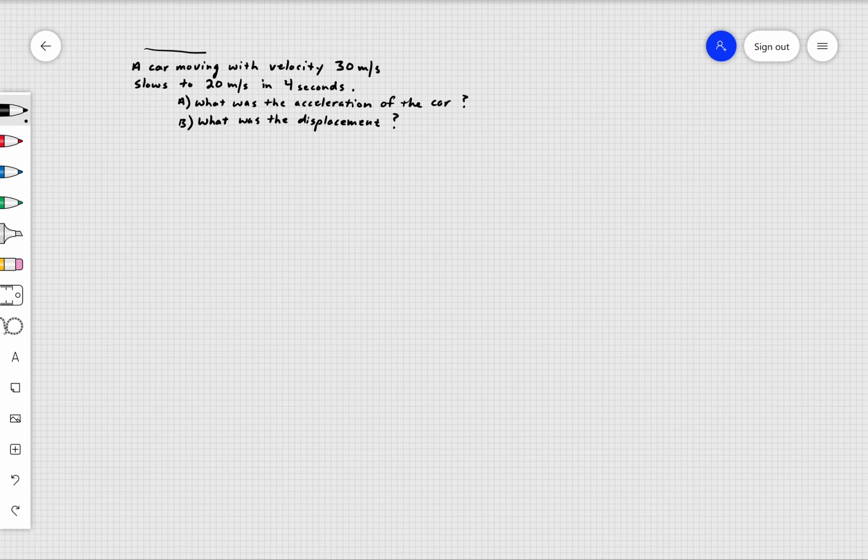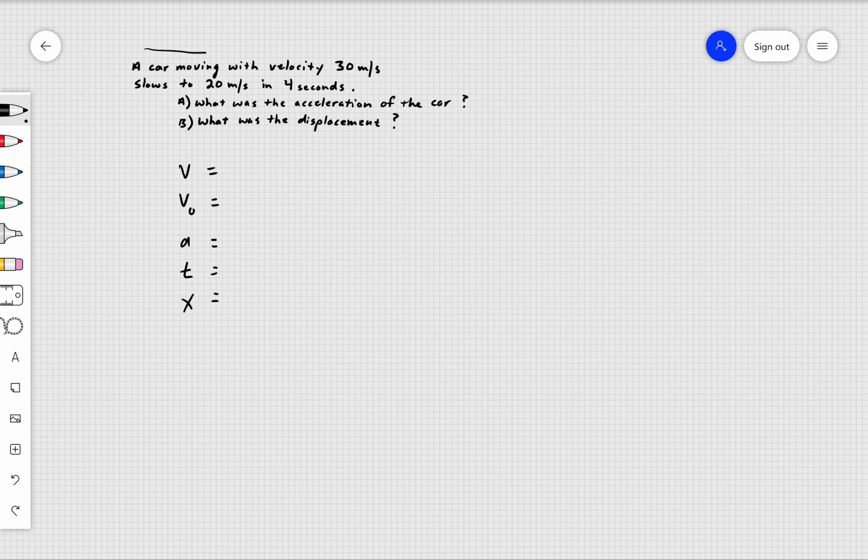Okay, so the solution to this problem, I will list my variables and fill in the givens. I don't need to make these units consistent. They already are. I have meters and seconds, so meters per second. This is all good. This car is moving with a velocity of 30 but slows to 20 meters per second.